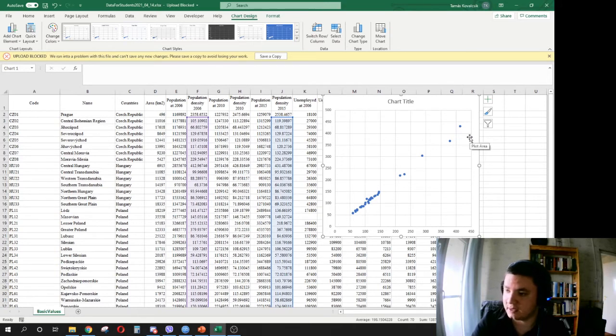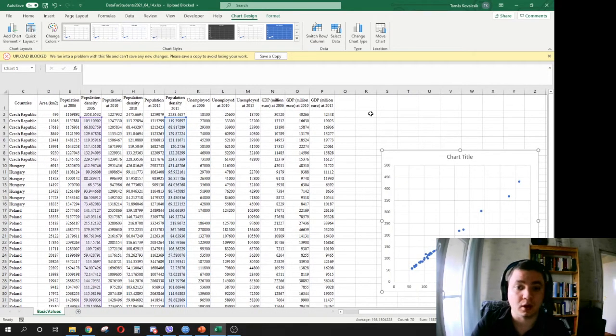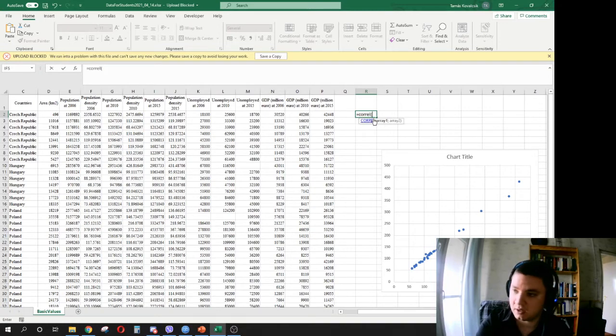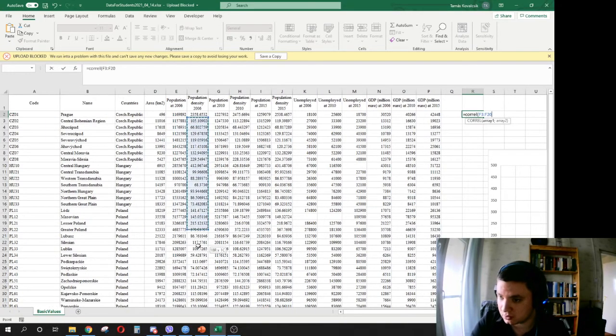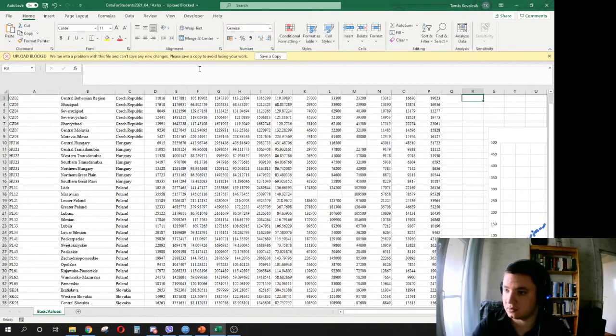We have a scatter plot for the population density in 2006 and 2015, and if we want to calculate the correlation between these two variables, just select an empty cell and type equal sign, CORREL, and select these two variable arrays, semicolon, and also these two, and close the bracket.